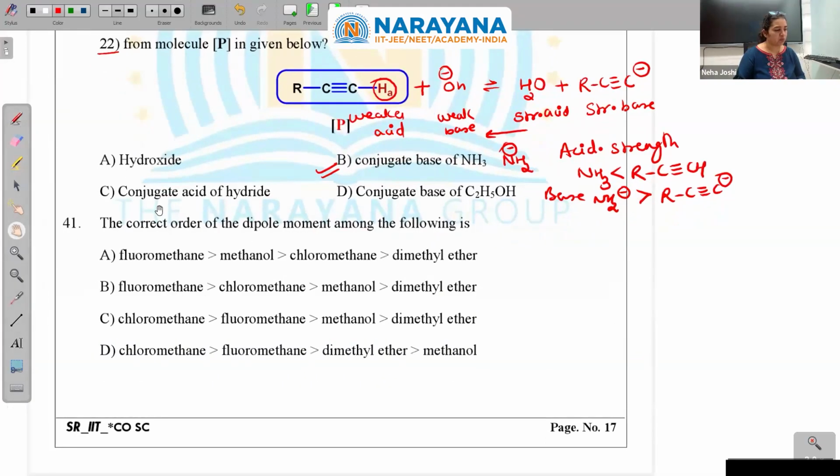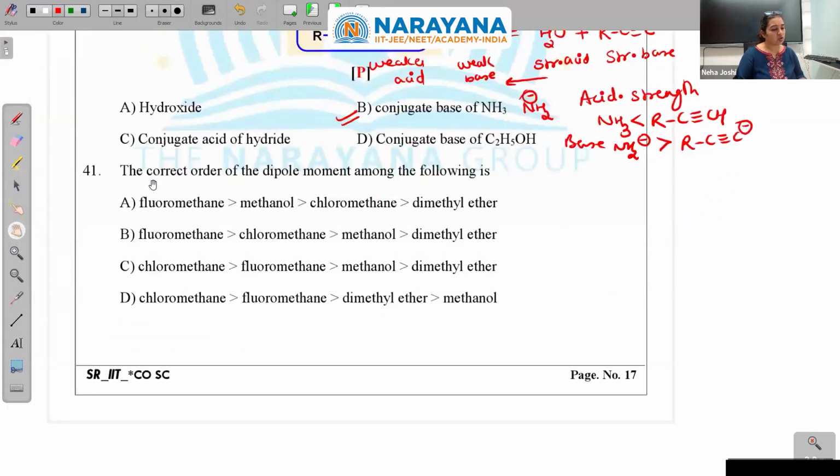Question number 41. If you just check the NCERT, the correct order of the dipole moment among the following is. This is directly from NCERT tables. Okay, and the answer, chloromethane has higher dipole than fluoromethane. Considering this much, if you know, then A and B are not possible.